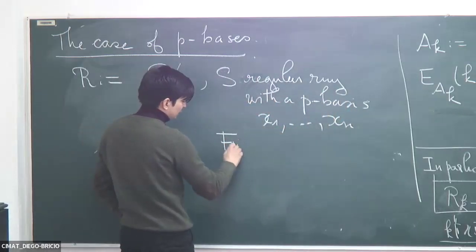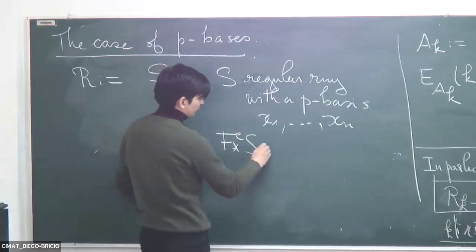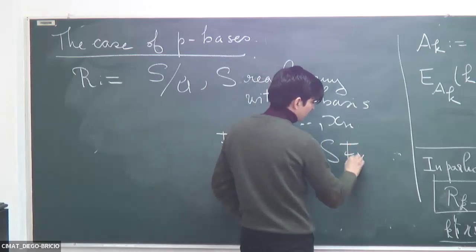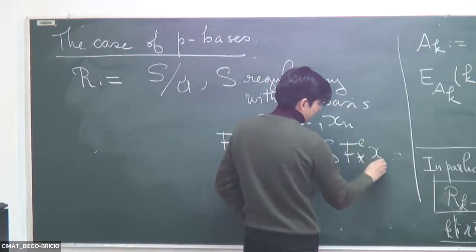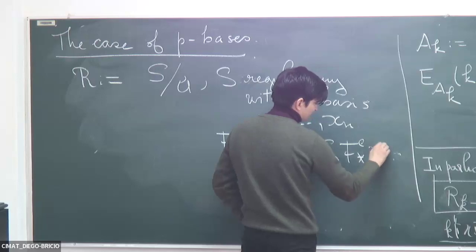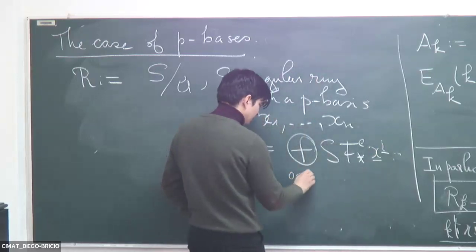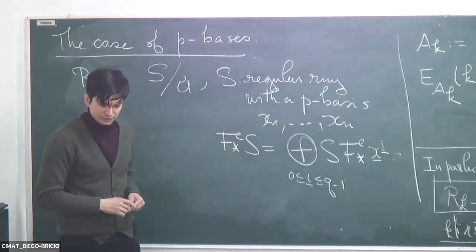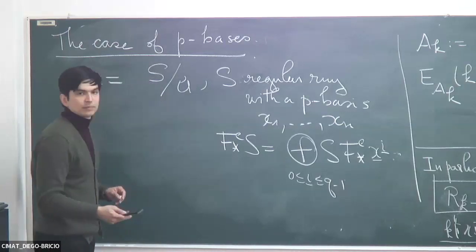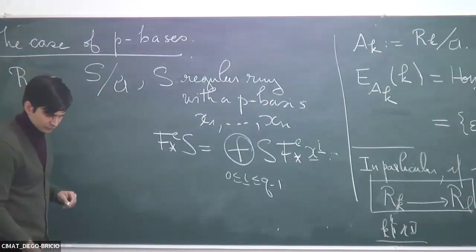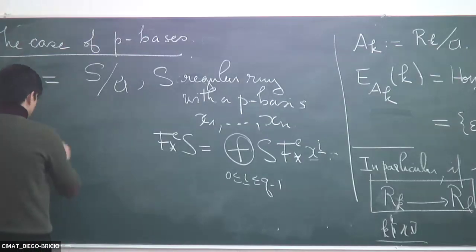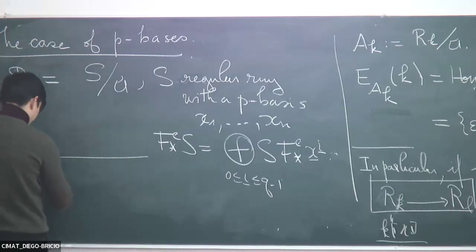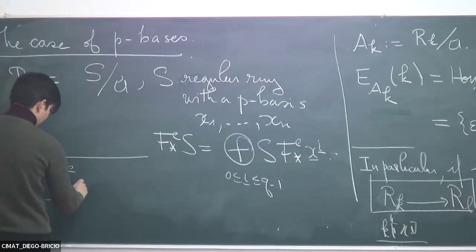Remember, this means that the Frobenius of S is super easy to describe. It's just a beautiful direct sum of this form. Would you be mad at me if I just write like this? Okay, you just take this type of monomials, and that's going to give you this decomposition. So the other thing we saw is that this gives you a trace, right?